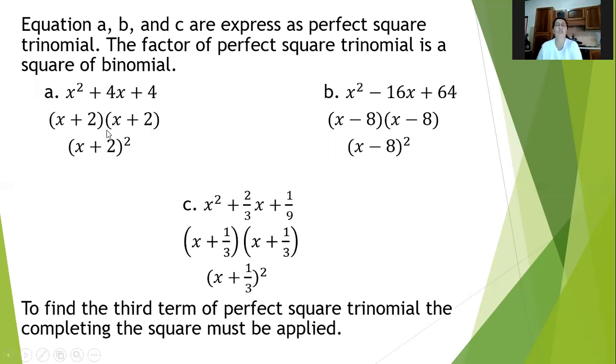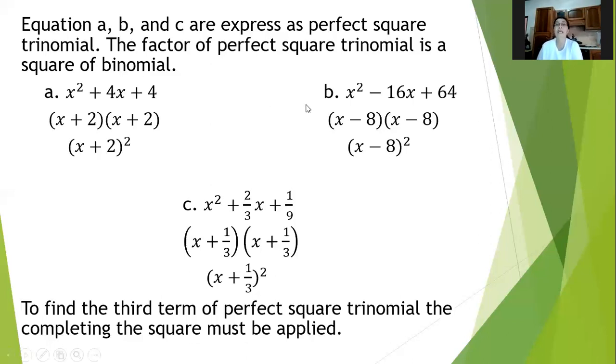Let us check. 2 times x is 2x. x times 2 is also 2x. 2x plus 2x is equal to 4x. The factor of x squared plus 4x plus 4 is the quantity x plus 2 times the quantity x plus 2. And then we express this as a square of binomial. It is x plus 2 quantity squared. Okay, that is very easy.